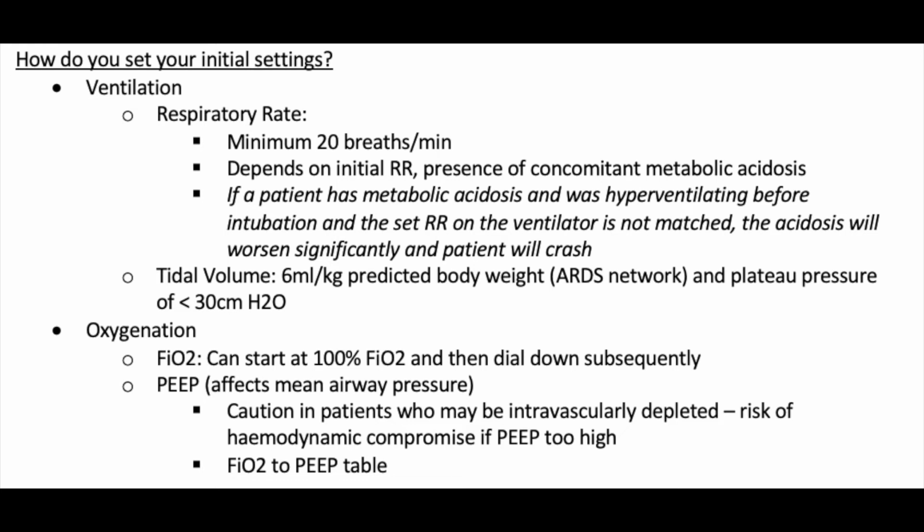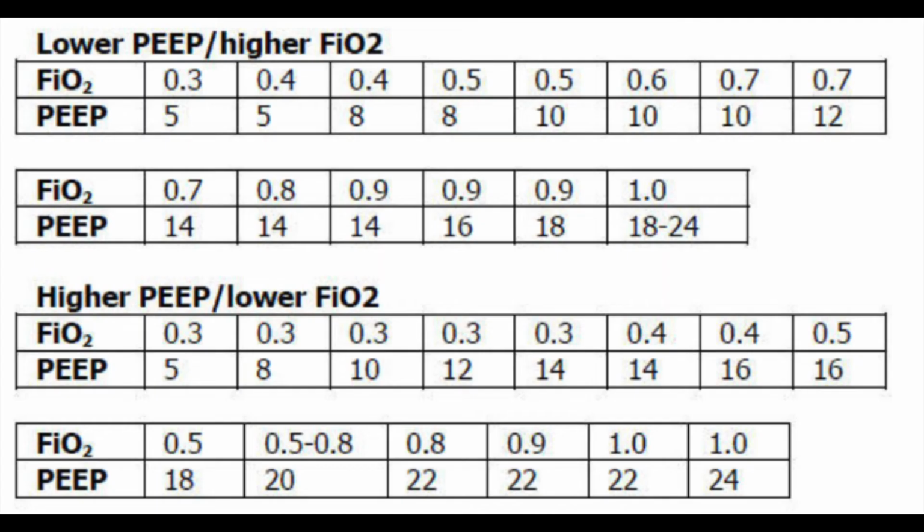But if you're not worried about the hemodynamics, it then depends on how severe the ARDS is. We have something called the FiO2 to PEEP table, where in order to target an oxygen saturation of, say, 92 to 96, we have a certain amount of FiO2, and the higher the FiO2 is, the higher the PEEP.